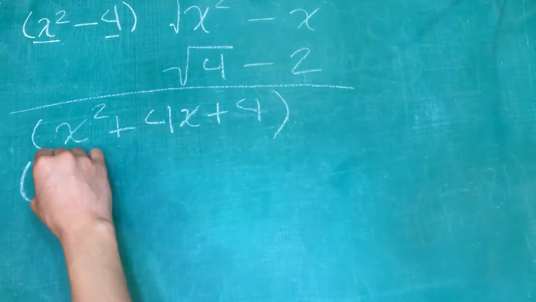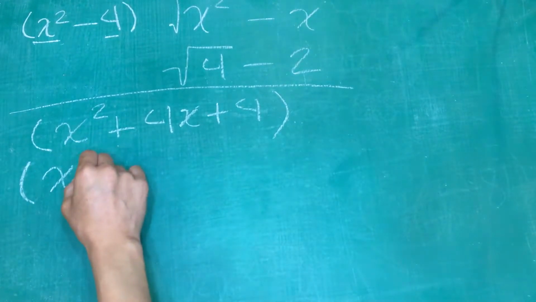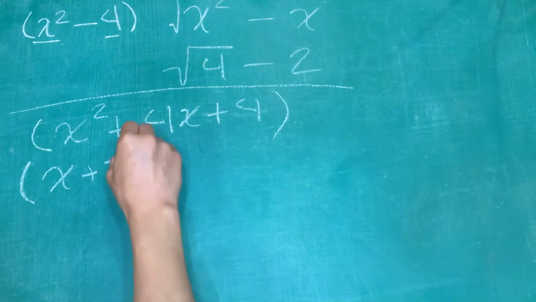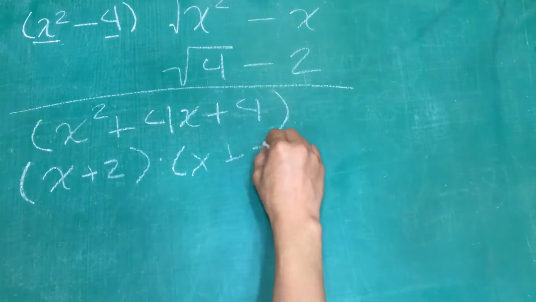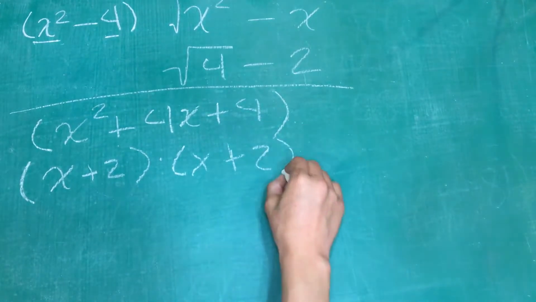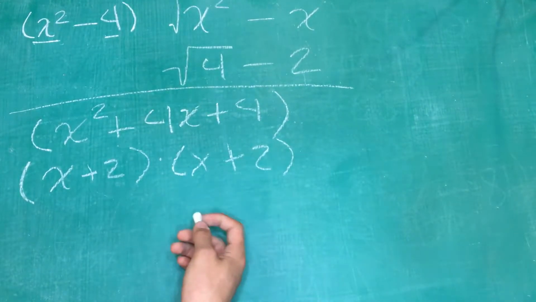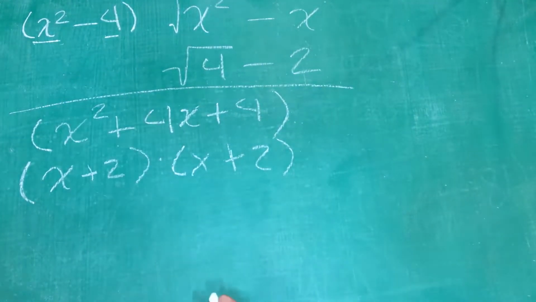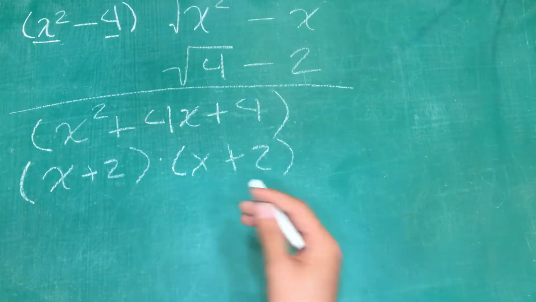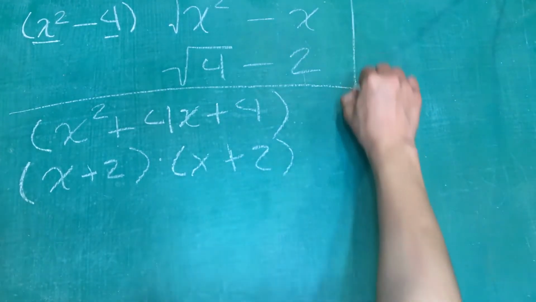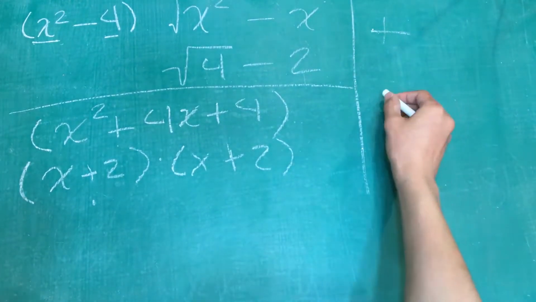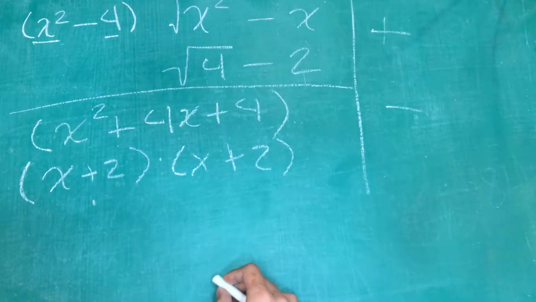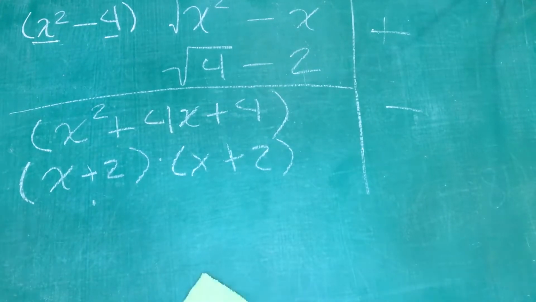Well, with previous knowledge, we know that the answer is going to be x plus 2 times x plus 2. The same principle is applied to our differences of squares. The only difference is that for a difference of squares, we're always going to have one term that's going to be adding and another term that's going to be subtracting. Let me explain.